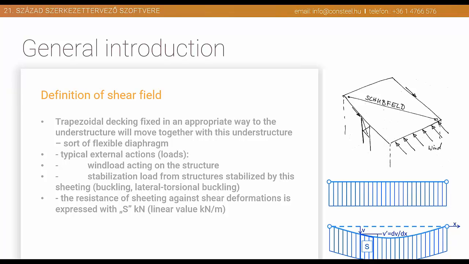So these are panels which are fixed to each other and also to the structure which is supporting it. And depending on the depth of the structure and the shape of the corrugations, they represent different types of resistance against displacement in its own plane.